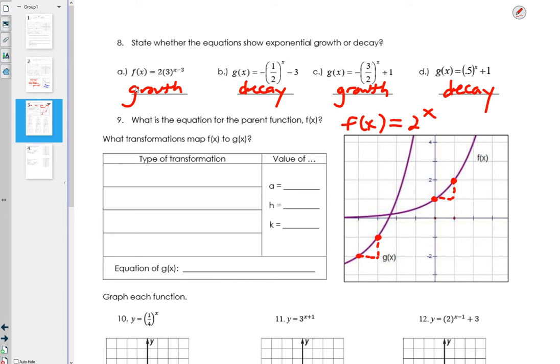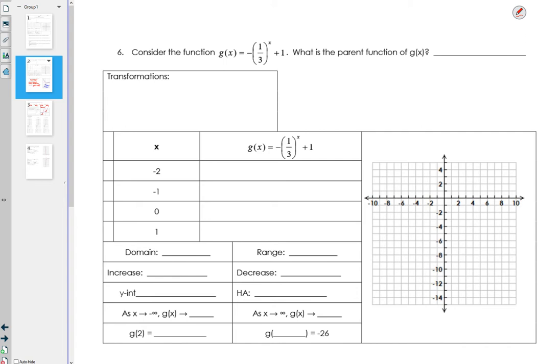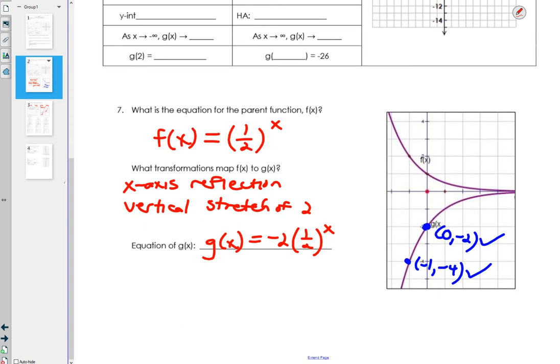Oh, you know what? I'm an idiot. I just thought of something because I'm about to use it now, and I'm like, why didn't I think about it on the last one? What would have been an even better way to figure out that no vertical translation had occurred on number 7? I didn't even think about it because of the way that the graphs were located.